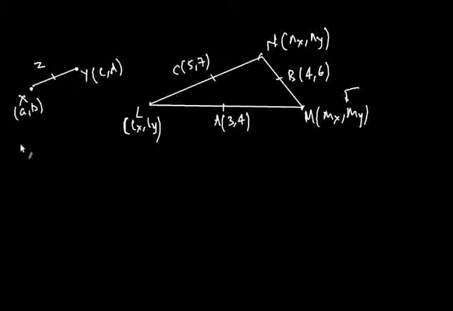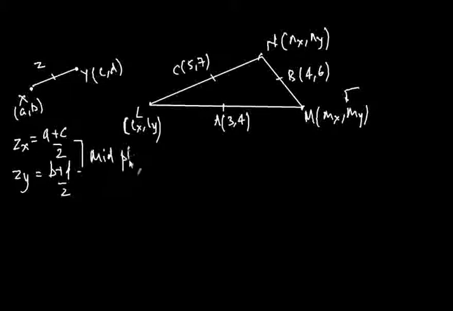Well, Zx, the x coordinate of Z, would simply be the average of the x coordinates of X and Y, which means it would be equal to a plus c divided by 2. And similarly, Zy would be equal to b plus d divided by 2. Now this thing goes by a special name. It's called the midpoint formula, and you would have come across this.